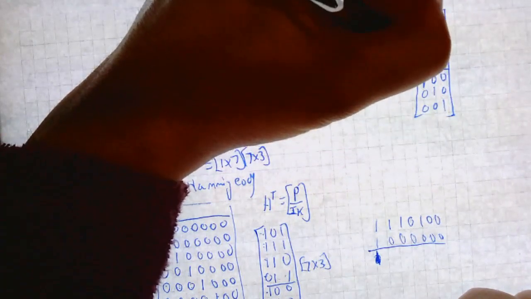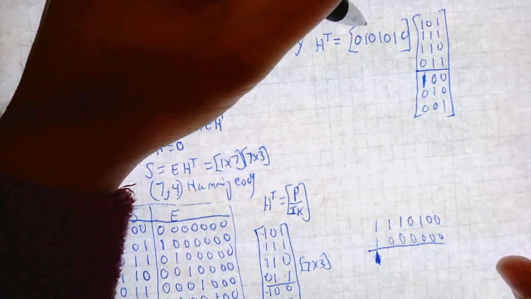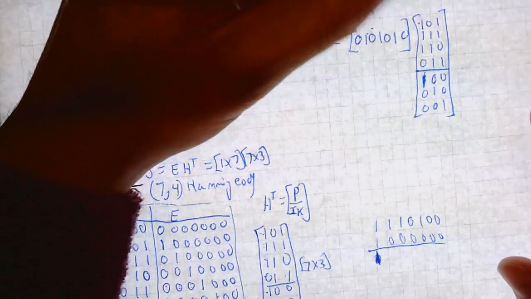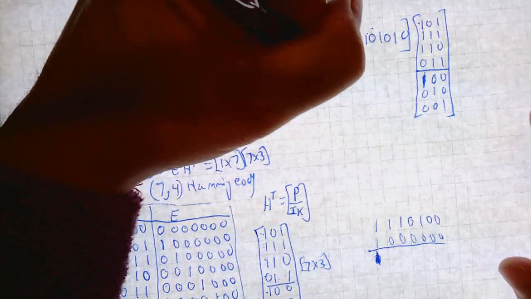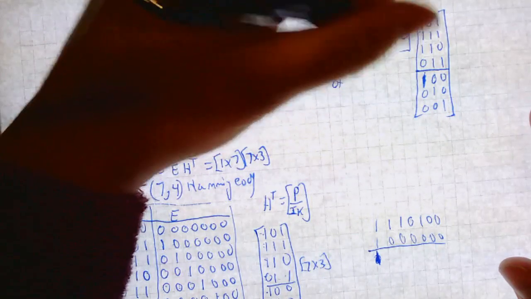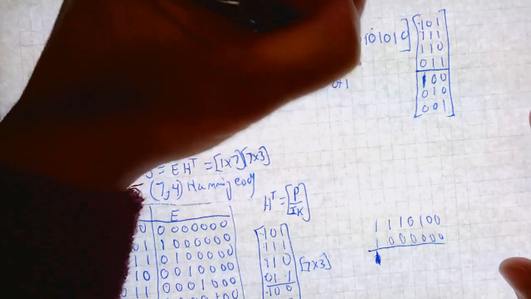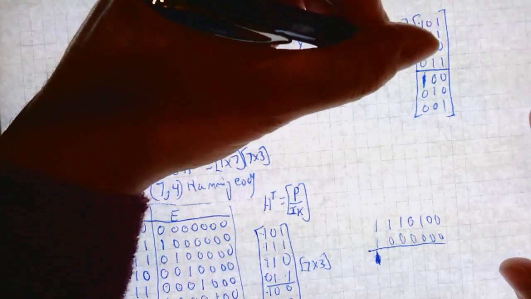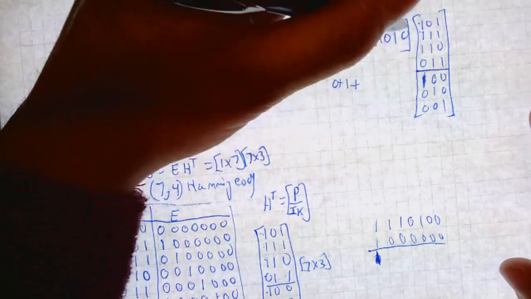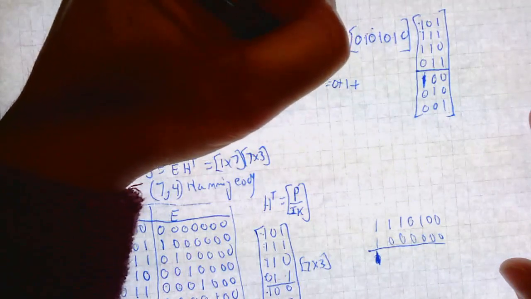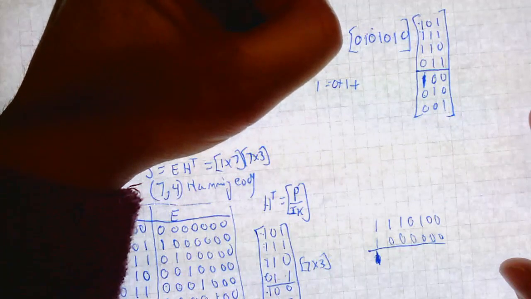So there's the K by K. And now what we can do is multiply this by that. 0 times 1 is equal to 0. 1 times 1 is equal to 1. 0 times 0 is equal to 0. 1 times 0 is 0. 0 times 1 is 0. 1 times 0 is 0. 0 is 1. So this is equal to 1. And that is going to be check bit number 1.